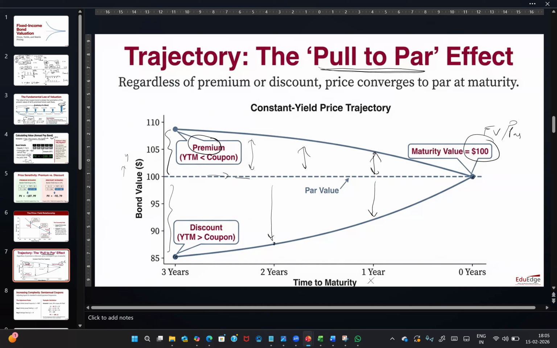If nothing else changes, there's a pull to par effect, which means your premium bond is going to fall to par value at maturity, and a discount bond, which is below 100, will rise up to the par value at maturity. So this is the regular impact on a bond which trades till maturity, and that's called the pull to par effect. So price has to converge to par at maturity, whether it's a premium or a discount bond.